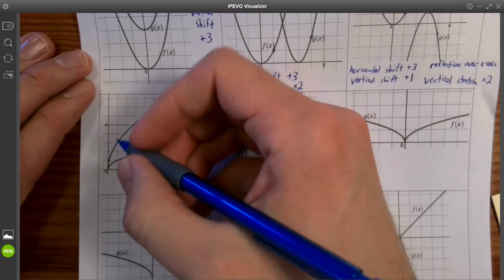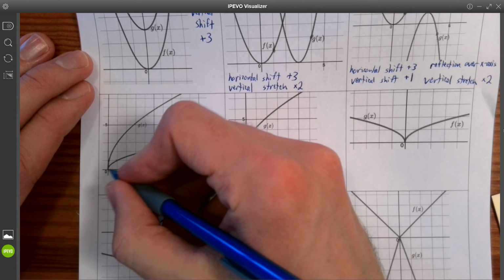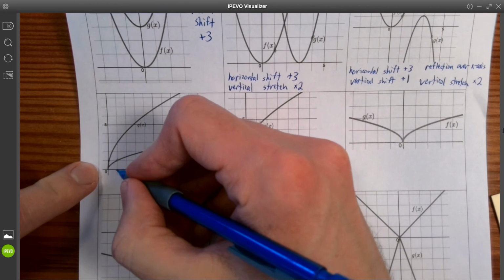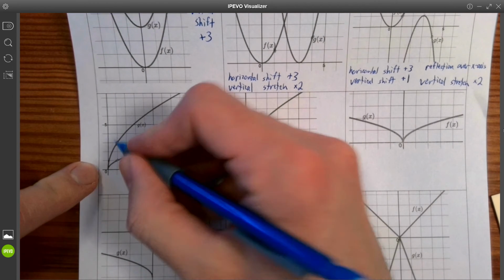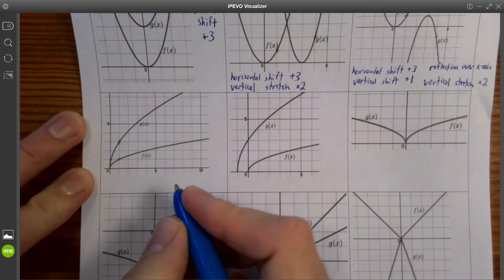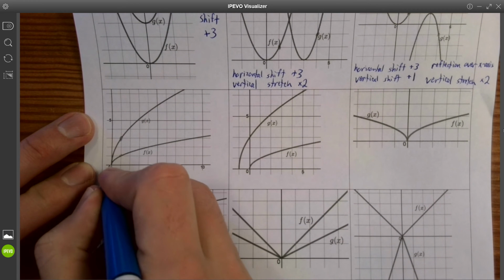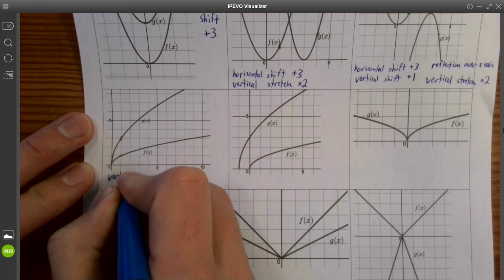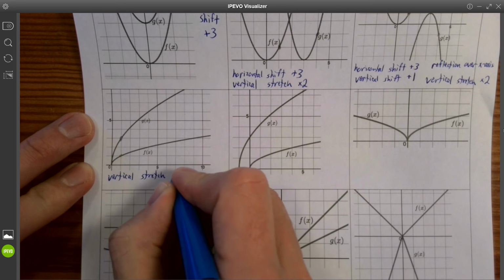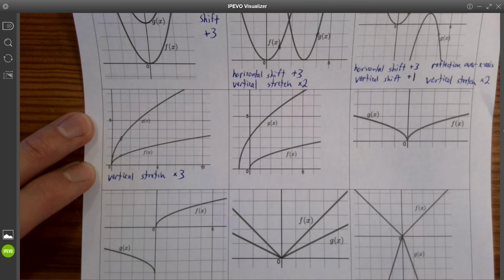So the coordinate 1, 1 is a coordinate on the original function. The coordinate 1, 3 is a coordinate on the transformed function. So this one has a vertical stretch of 3. So we're multiplying by 3.